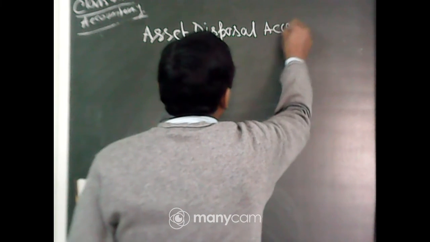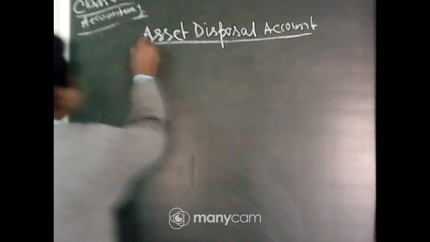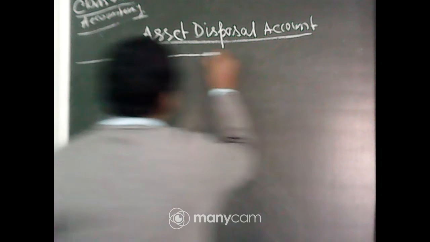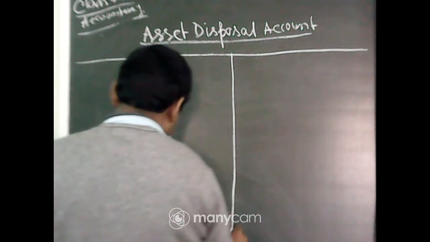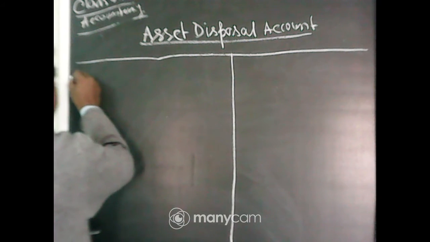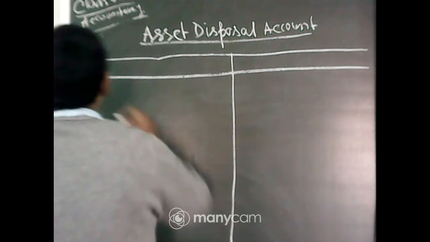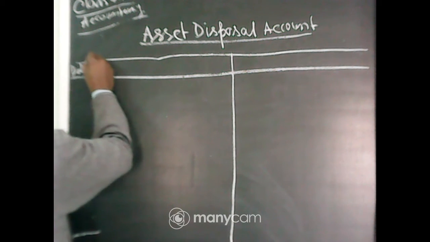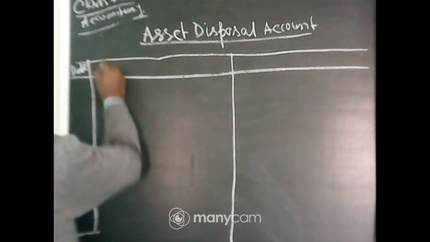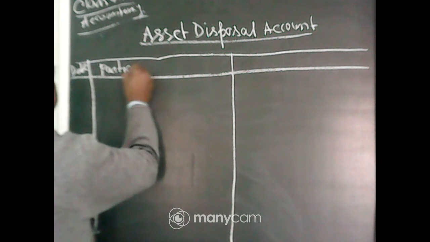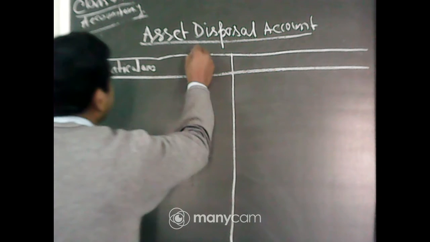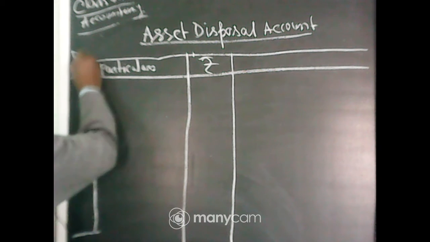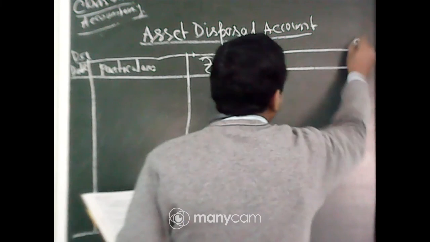Now we have to make a ledger for that. The ledger format is the same. First there is a date, then particulars, and then the amount in rupees. This side is debit and this side is credit.